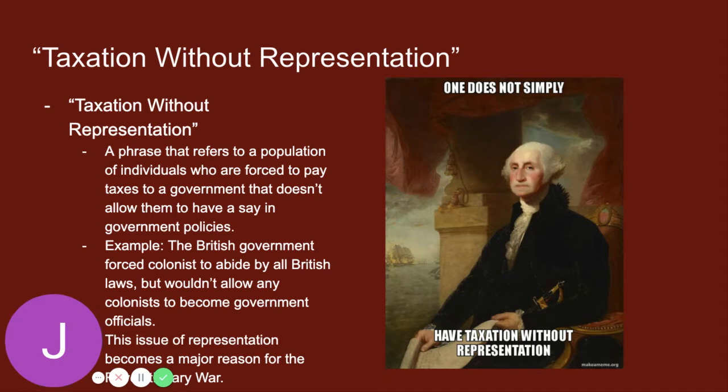This wasn't fair because the colonists felt like all of their money was basically being stolen by the British government because they were not able to be representatives in their government. The colonists wanted to be represented by their peers, which we have now in our government. And this issue of representation becomes a major reason for the Revolutionary War.